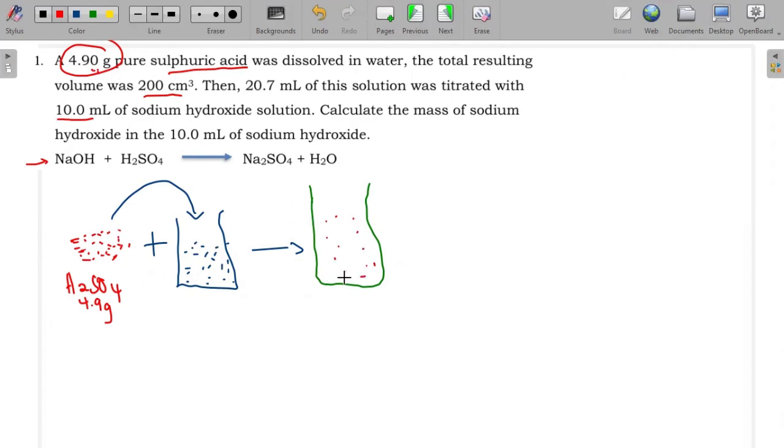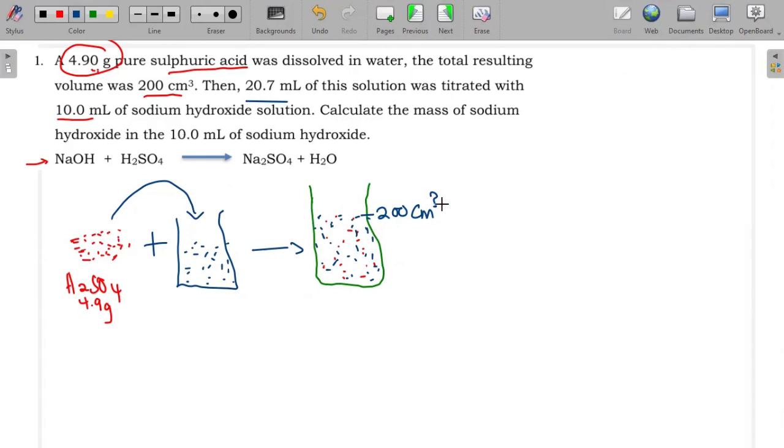The sulfuric acid has dissolved in water, right? And the volume that it has formed up to here is 200 cubic centimeters.